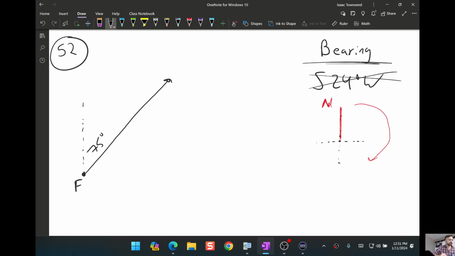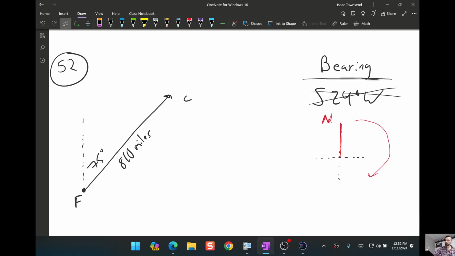Okay, and then that gets you to a different city. Let's get us to Centerville, and this was 810 miles. Okay, and then it flies another 648 miles from Centerville to Rosemont, and it takes a bearing of 32 degrees. So now from Centerville, I need to take a bearing of 32, which would mean from the north line, turn 32 degrees clockwise.